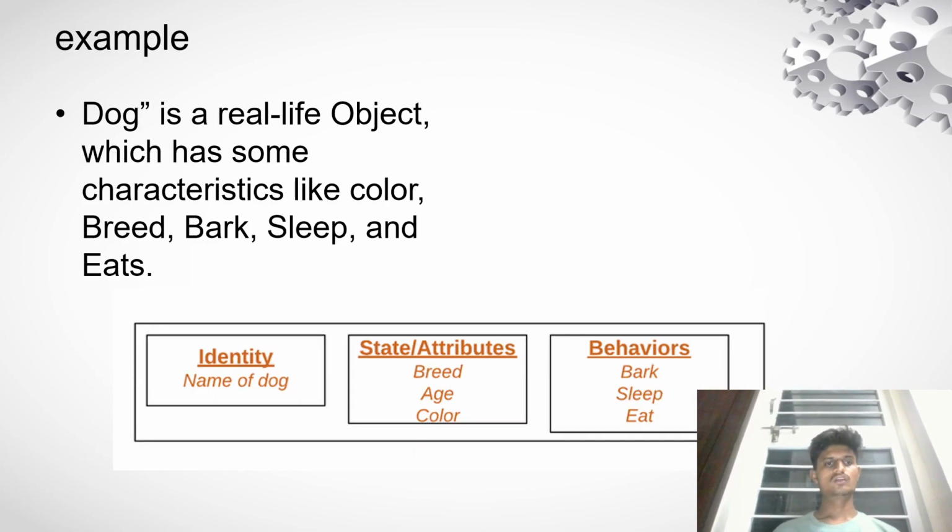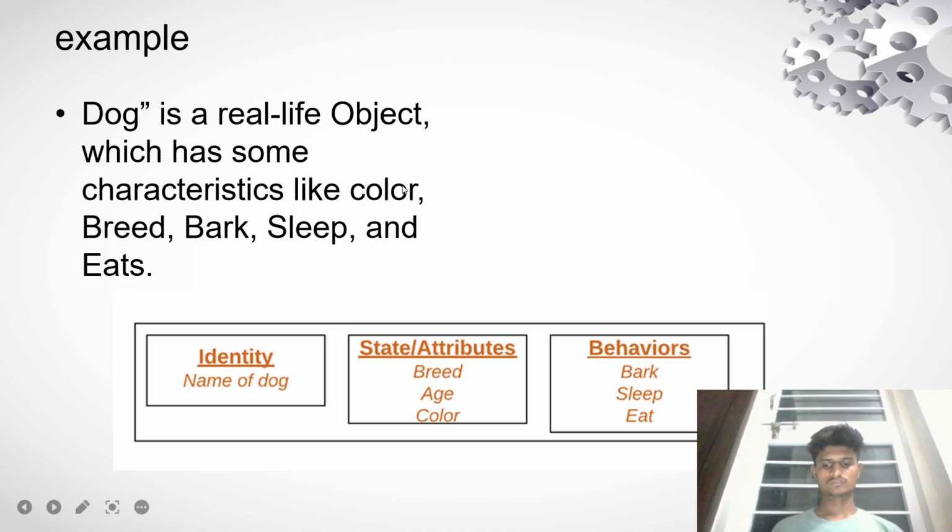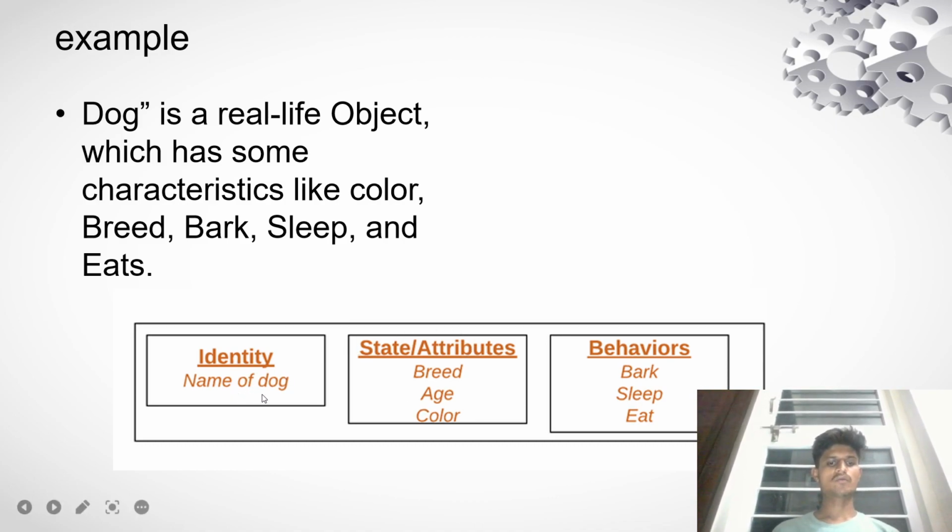So here is an example of a dog. A dog is a real-life object which has some characteristics like color, breed, shape, and behaviors like bark, sleep, and eat. Here the identity is the name of the dog, the attributes or state are breed, age, and color, and the behaviors are bark, sleep, and eat.